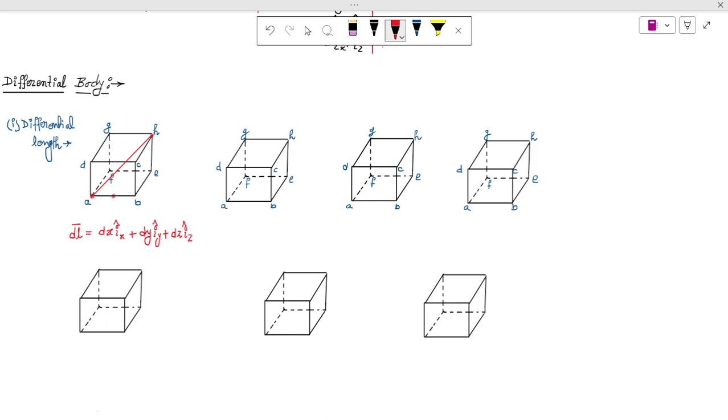dx means, suppose this is dy, this is dx, and this is dz. You know the mother diagram.